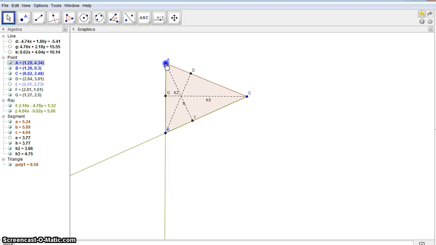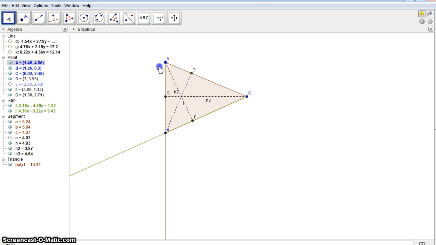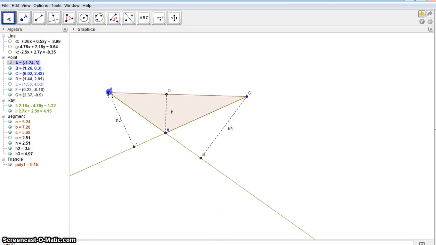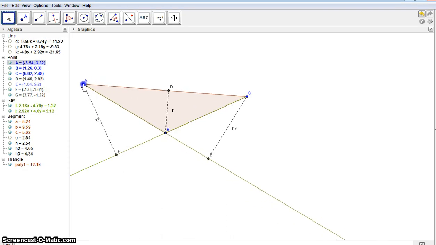When the triangle is acute, all three altitudes land on the inside. When the triangle is a right, two of the three heights land on the triangle as legs. And when my triangle is obtuse, two of the altitudes land outside on the lines containing the opposite sides.